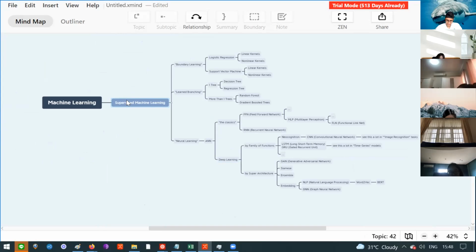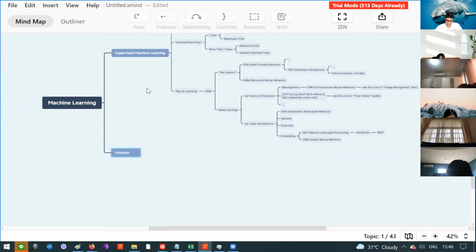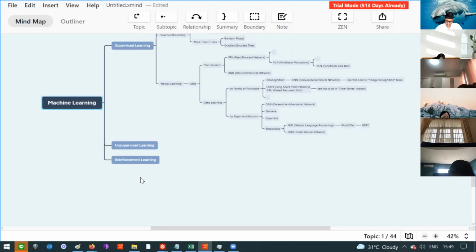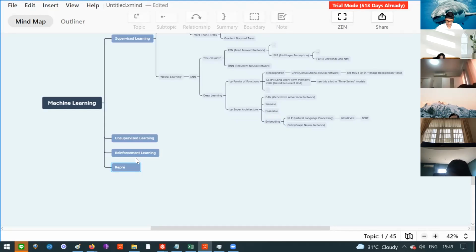So that's it. Supervised machine learning, unsupervised machine learning, and then reinforcement machine learning. Sometimes all this is put here. Now, in my categorization, there's actually representation, and I will put this over here.